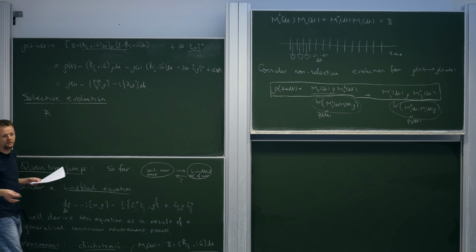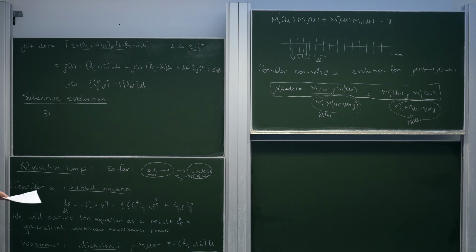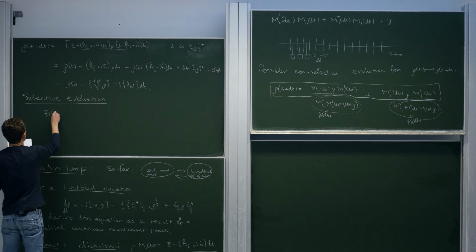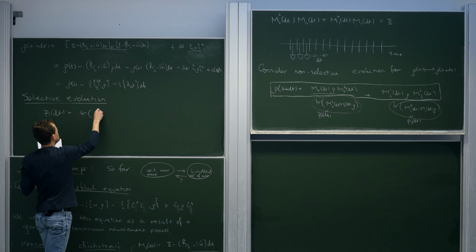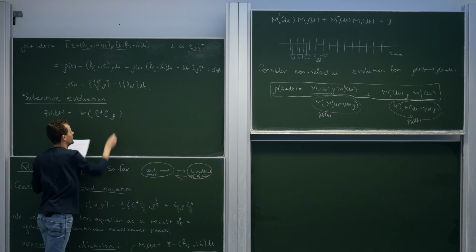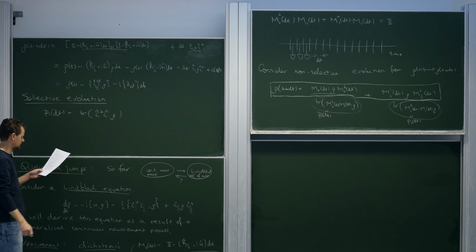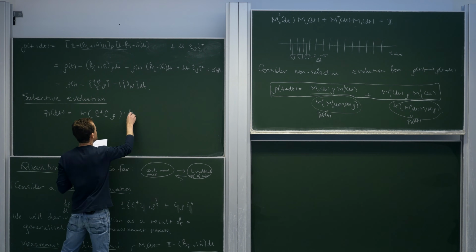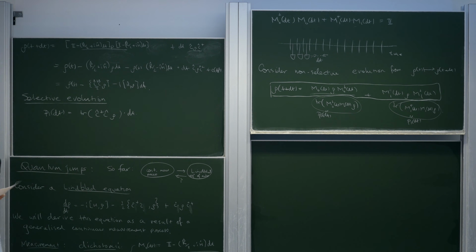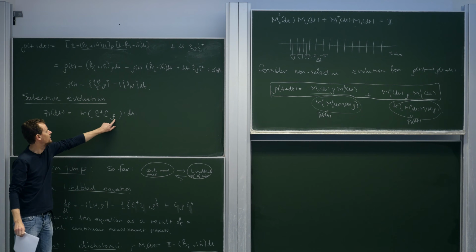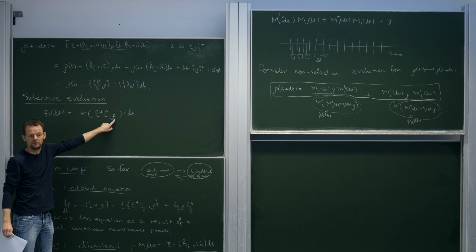And to look at the selective evolution, we're going to have to understand the probabilities of there being a click and there being no click. So the probability of there being a click is the trace of C dagger C times rho times dt. This is crucial, right? So in a little time window dt, the chance that your detector clicks is proportional to dt to the tune of the number of, say, photons in the right mode.